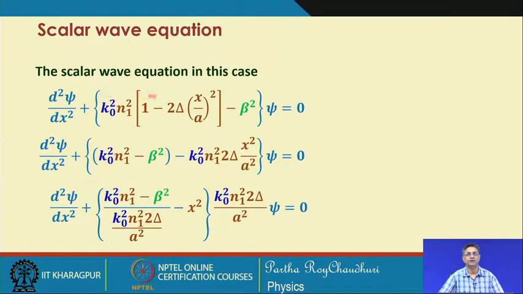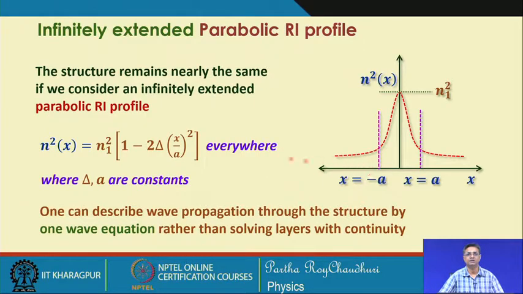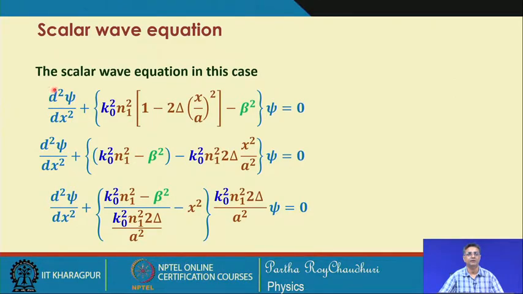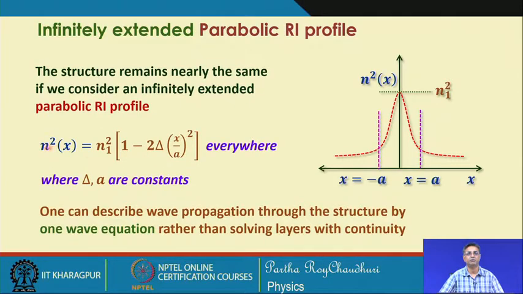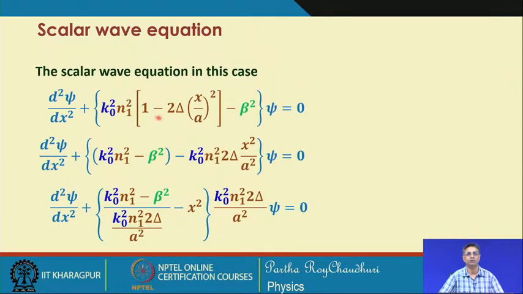Therefore, the scalar wave equation that represents the wave travelling through this structure can be given by this equation, del square psi del x square. This is a one dimensional wave equation, and we have used the refractive index profile n square of x replaced by this quantity n 1 square. So, this is the one expression for n 1 square x, and we do not have two layers.